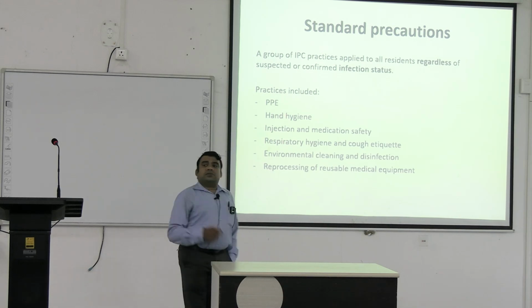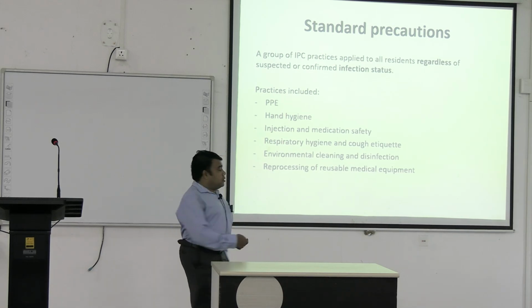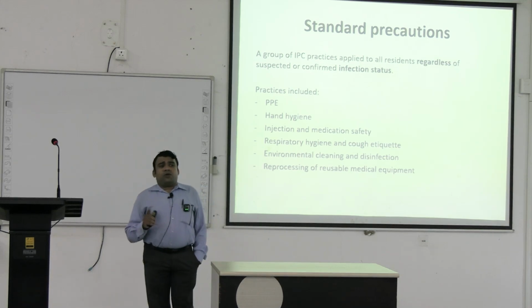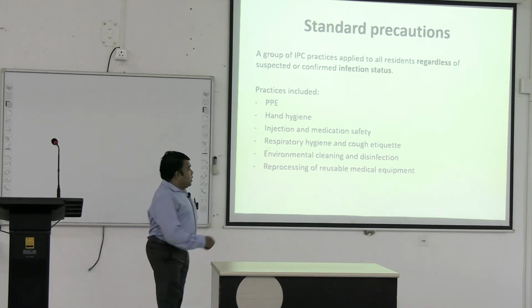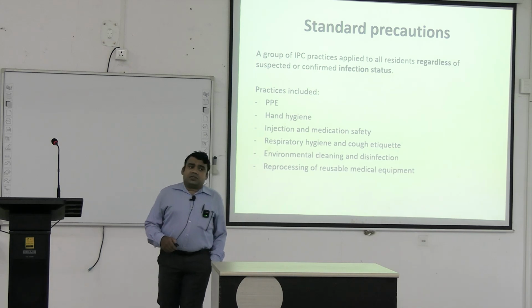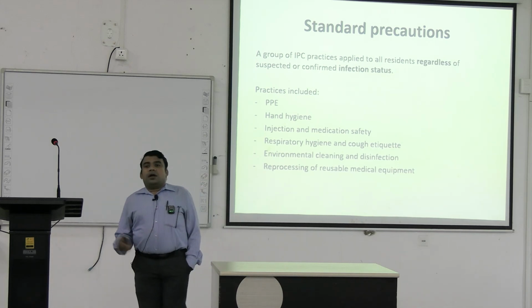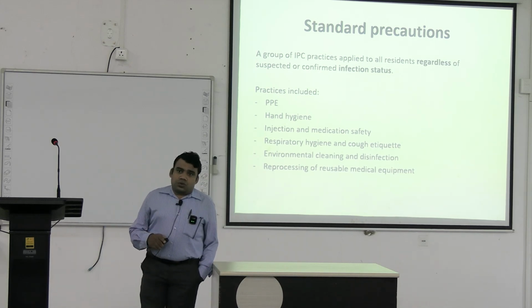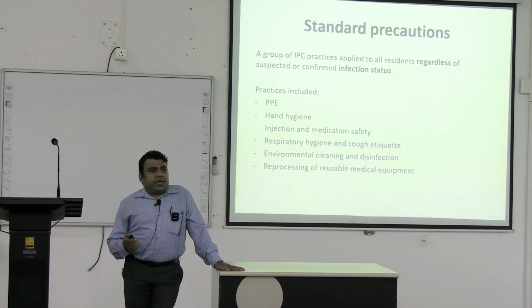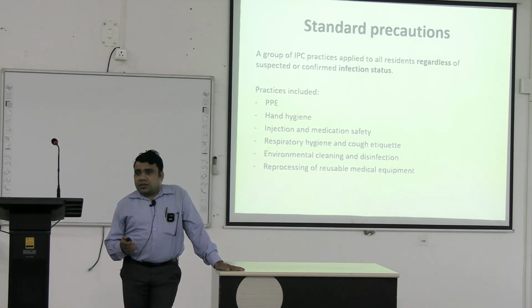Like hand hygiene, that is direct contact; respiratory hygiene and cough etiquette, airborne and droplet infection. Then injection safety and medication practices. Some diseases are transmitted by the parenteral route. A very good example would be HIV, hepatitis B, and C viruses. So all these will come under injection safety and practices.